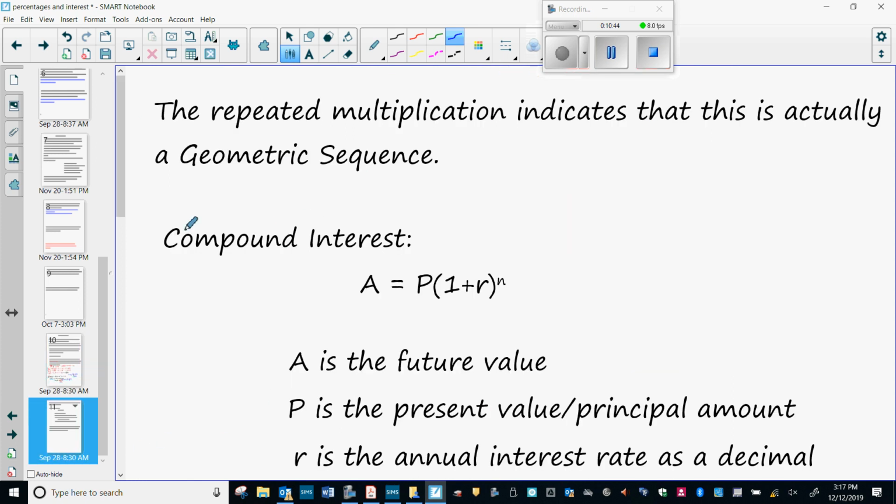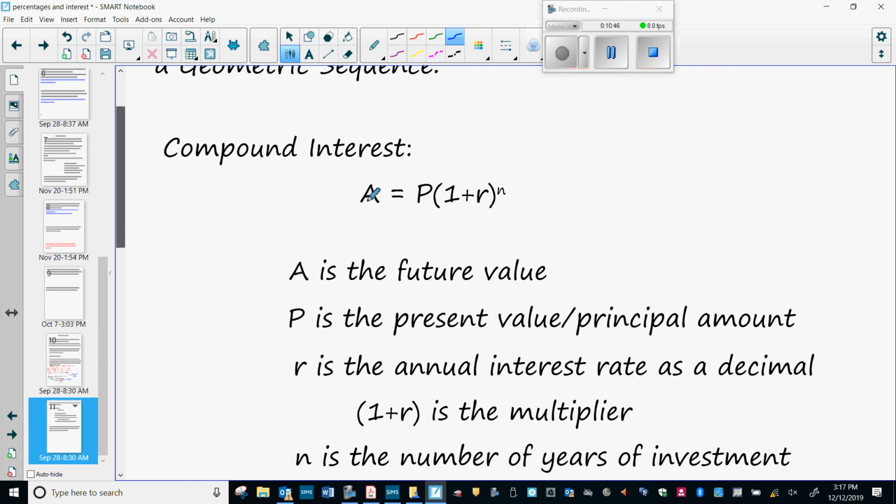Okay? So going back to this formula, A represents the future value, P is the principal amount or the present value, which is what we're using. It's 1 plus R, okay? Now, this 1 plus R represents the decimal multiplier.